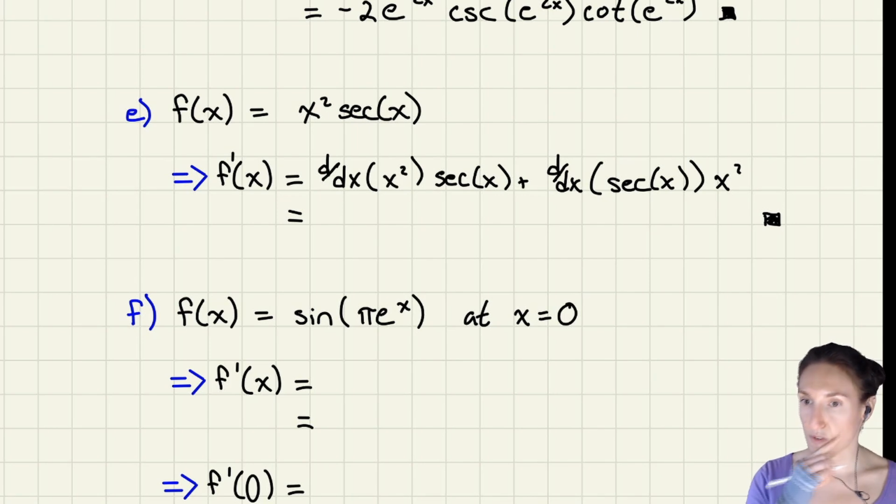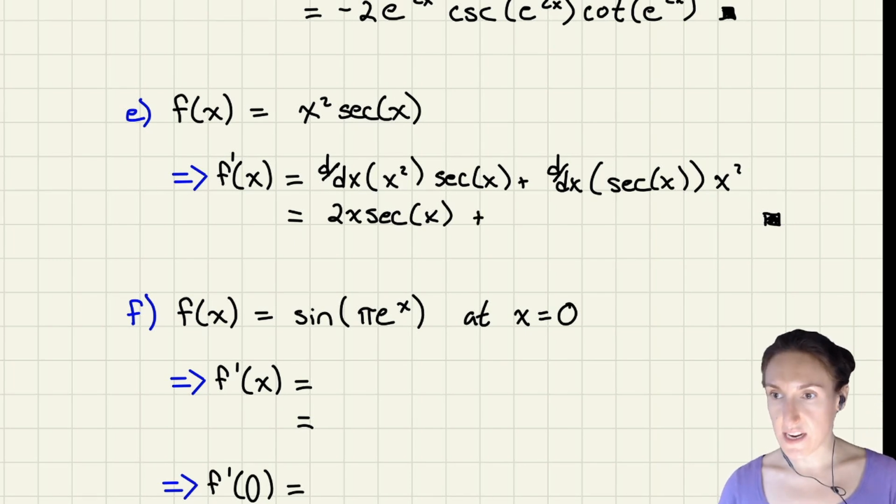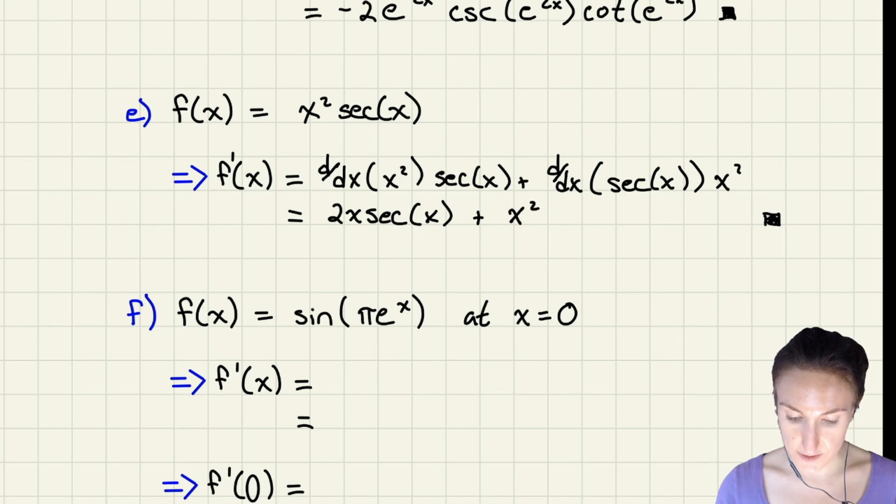So the derivative of the first, well, that's just 2x. So we get 2x secant x for the first term. And now the derivative of secant, that's secant tan. And I'll bring the x squared up to the front since all this stuff is being multiplied. So secant x tan x.